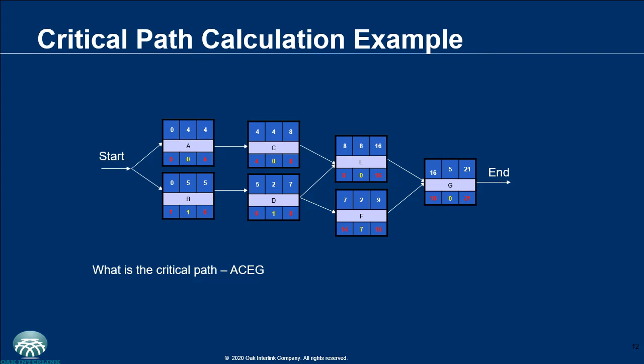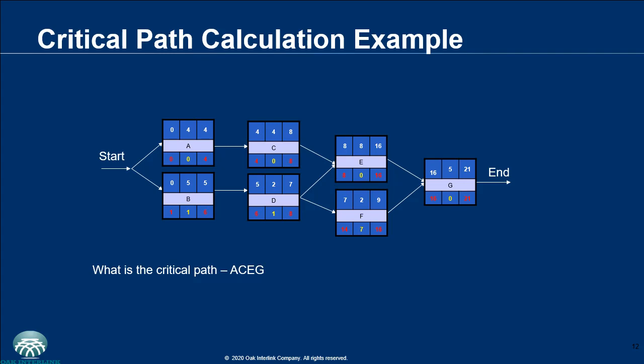In this case, for A, late start is 0 and early start is 0; late finish is 4 and early finish is 4, and when you subtract that, you have 0, so you have your slack as 0 there in yellow.